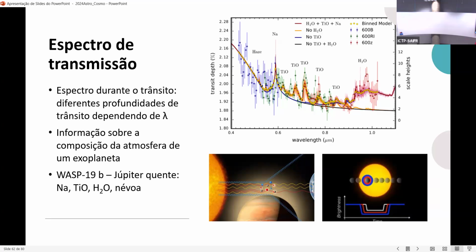But the thing is that, I mean, this is a hot Jupiter, so this atmosphere is actually not very hot. We're talking about a few thousand degrees. So probably that's why we have titanium oxide. Titanium oxide. Then, yeah.